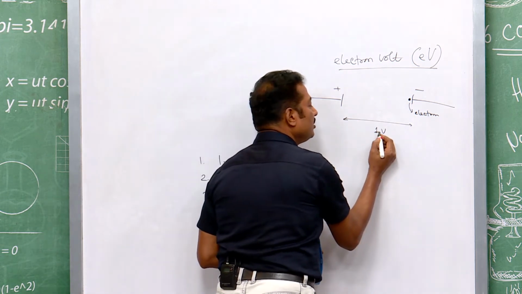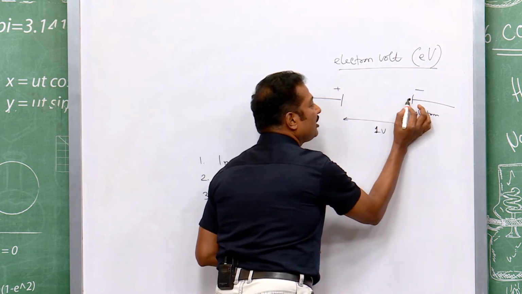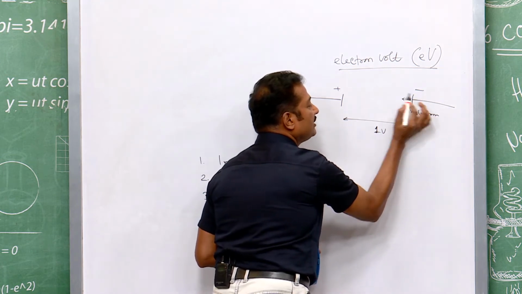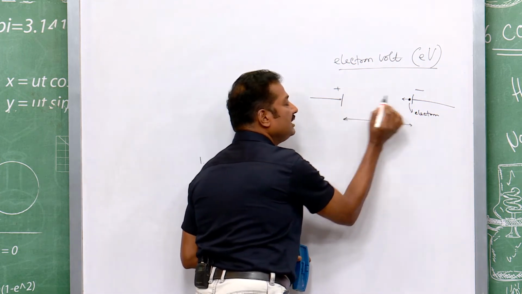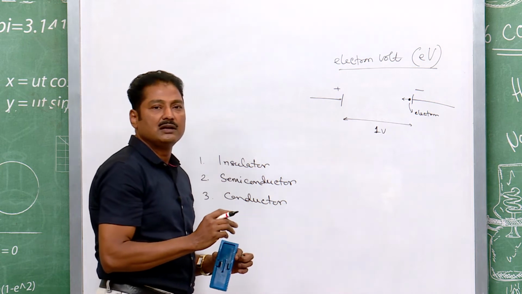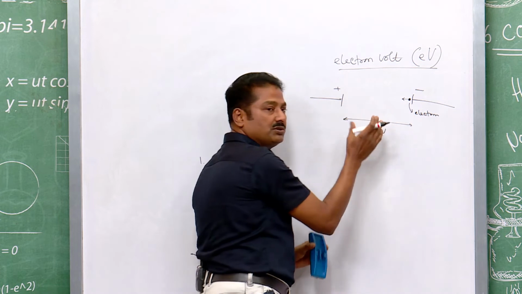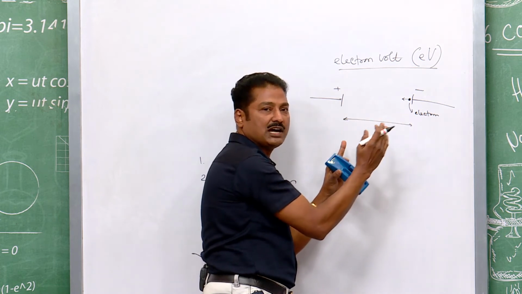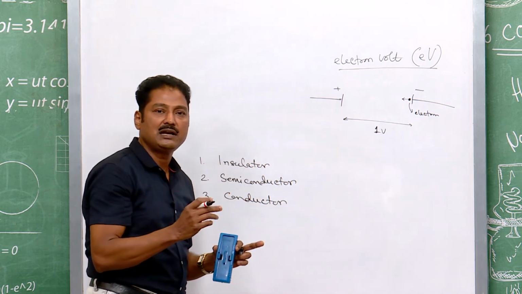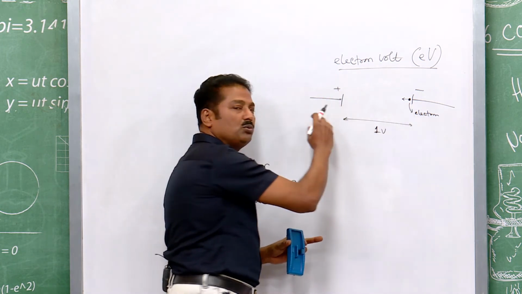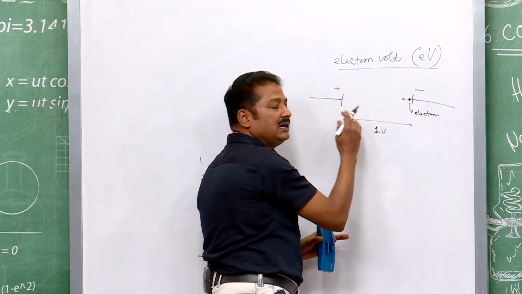The electron will be repelled by the negative plate and attracted by the positive plate, or you can say a field is produced between the two charged plates, and within the electric field the electron will be accelerated from the negative plate towards the positive plate, and due to acceleration its speed will be increasing.